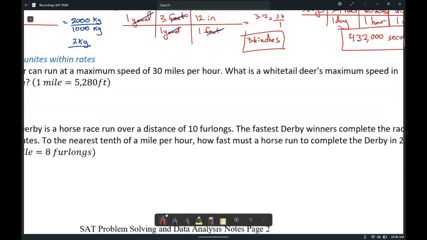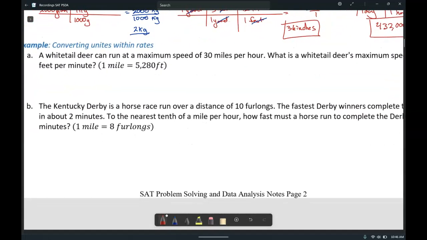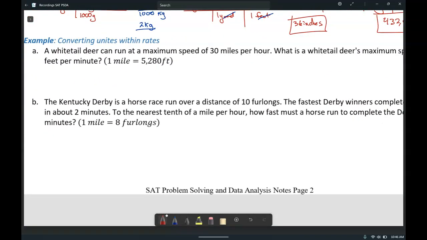Now, let's go ahead and convert units within rates. What we're going to notice here is that we have multiple conversions that we have to do. A white-tailed deer can run at a maximum of 30 miles per hour. What is the white-tailed deer's maximum speed in feet per minute? So we need to convert miles to feet and hours to minutes. And we can do this all in one dimensional analysis conversion.